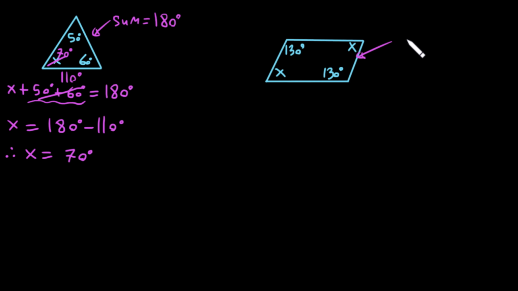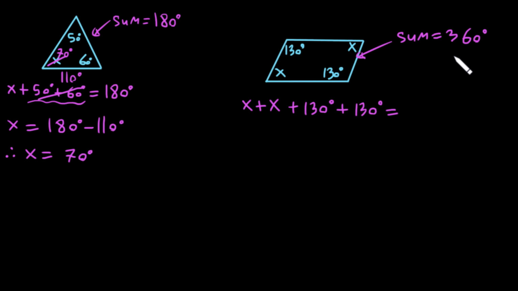We know the sum equals 360 degrees. So we can write x plus this equals 360 degrees. So x plus 130 degrees plus 130 degrees equals 360 degrees.